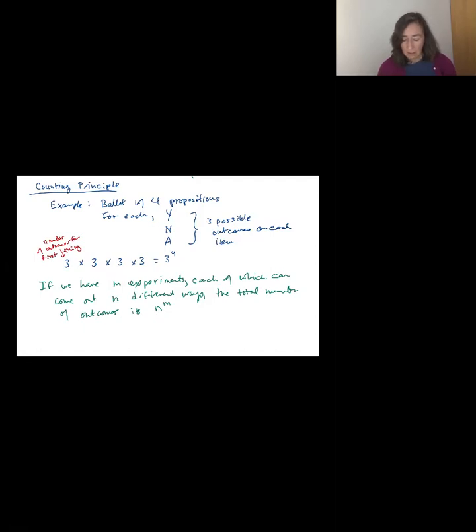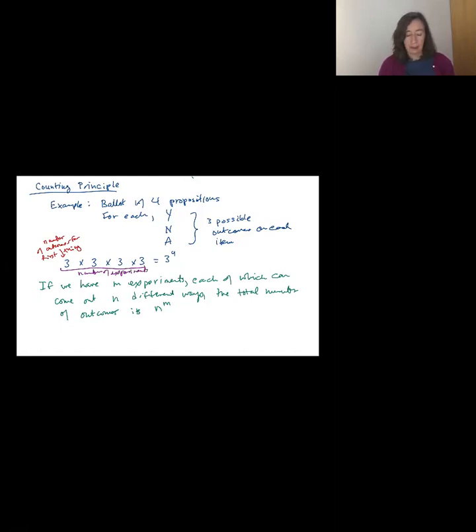That's an individual factor. That's what number we're multiplying the others by. And the number of factors here is the number of experiments. Okay.